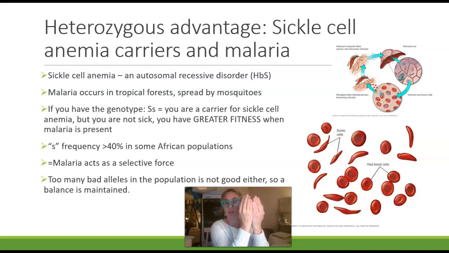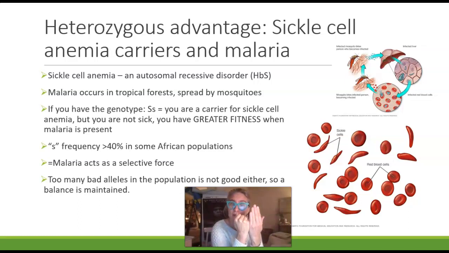So the ones who have the best fitness in that case are the carriers, and therefore they're going to be passing on this bad allele to some of their children. And in fact, in some African populations, you'll find this bad allele is as high as 40%, because it did provide an advantage for people living in these areas that had a great deal of malaria. So it kept this allele in here.